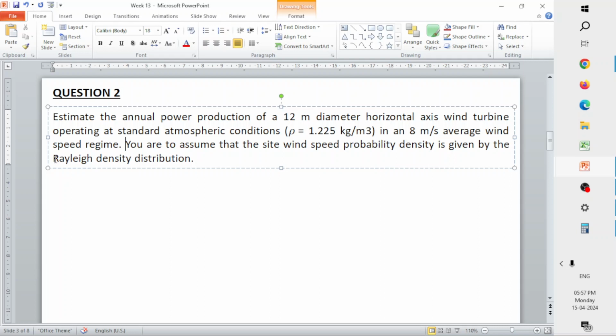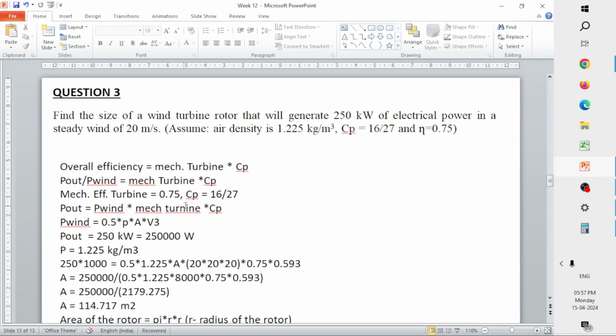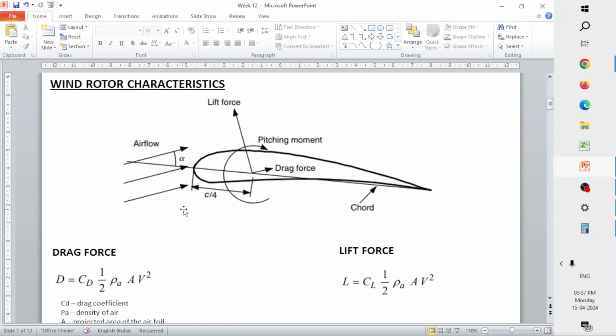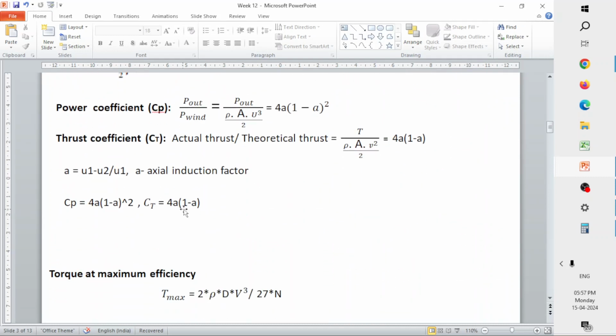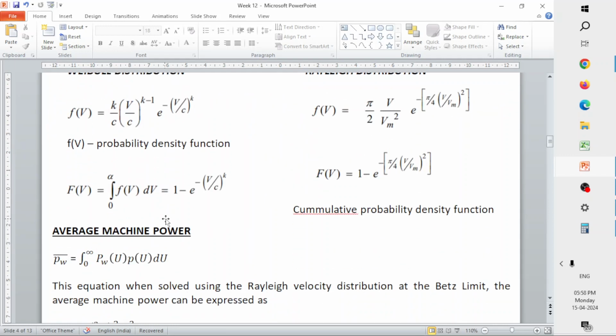Over there we expressed the equation; here it is. This is the average machine power equation, P W bar. When there is a bar, it means the average quantity.